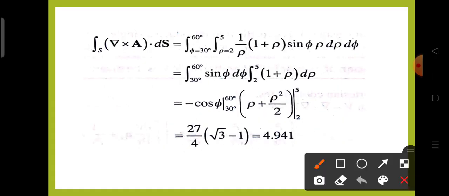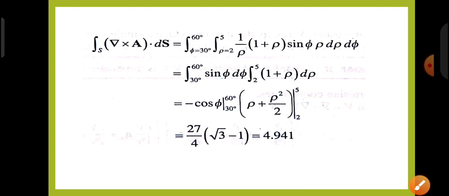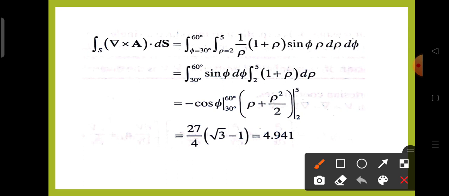Here phi is varying from 30 degrees to 60 degrees and rho is varying from 2 to 5. By using this, we can get the integral from 30 to 60 degrees of sin phi d phi, then the integral from 2 to 5 of 1 plus rho d rho. By using the proper formula, we can get the final answer as 4.941.